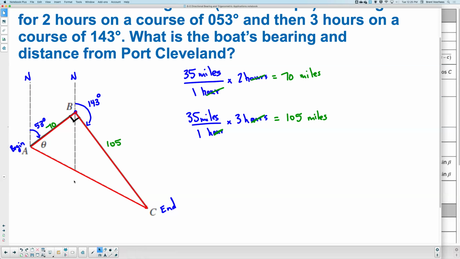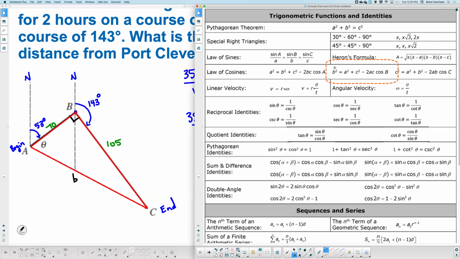Let me change this to a lowercase b just because that's a capital B. That means it's across from it. I'm going to use the second formula right there. That's the one I'm going to use. Okay. So do we know what b is? No, that's our unknown. So unknown b squared, but what are we gonna call a?